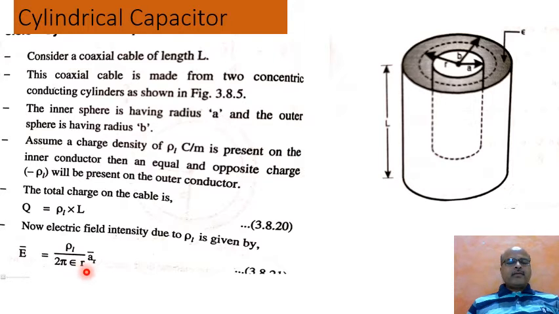This formula we derived in the first chapter, and here we take it directly. This expression can also be written as E bar equal to rho L upon 2 pi epsilon rho, a rho cap. Rho and R are equal, so we can represent it in the format of rho. So we will get this equation.